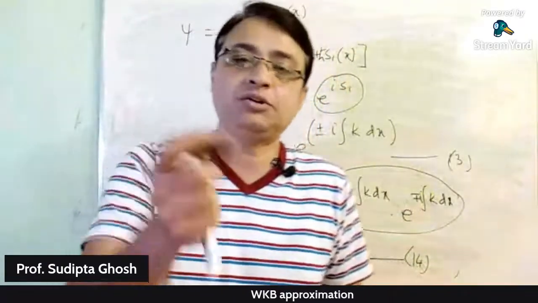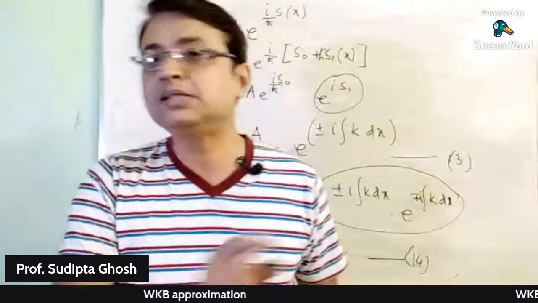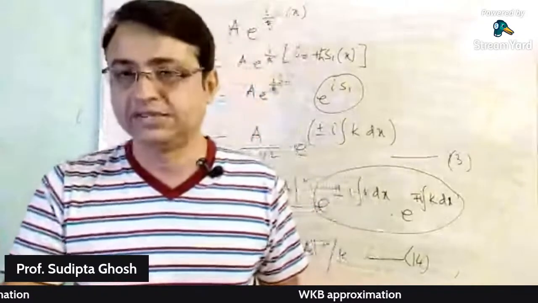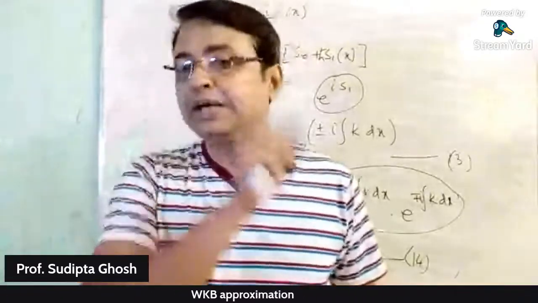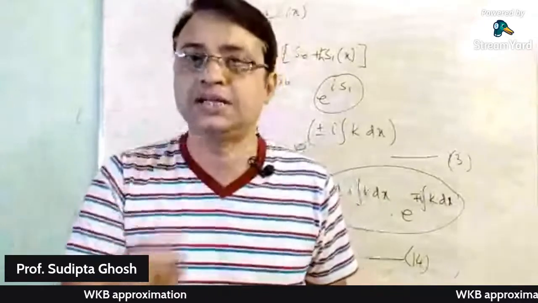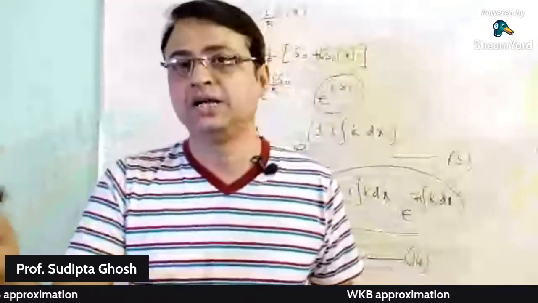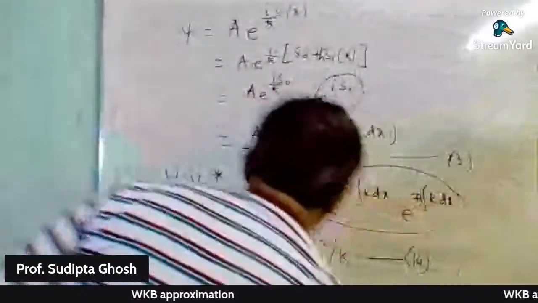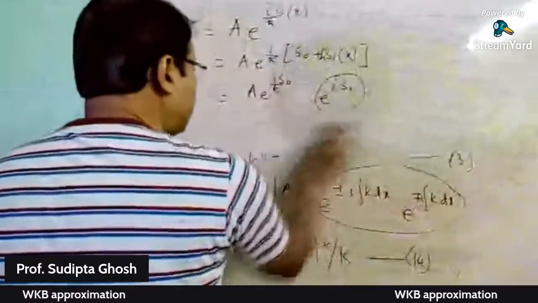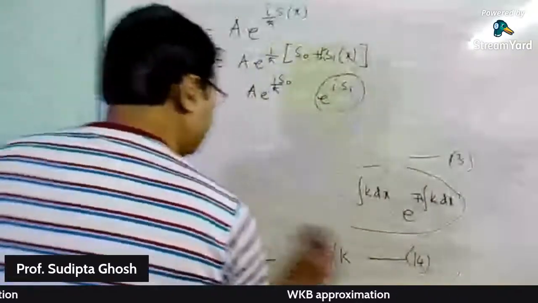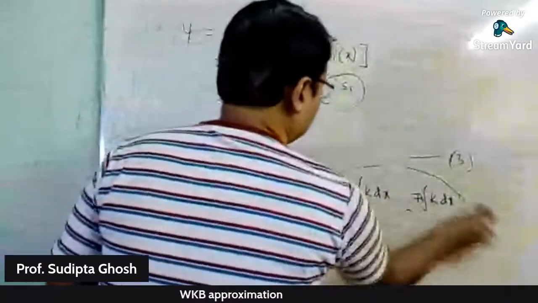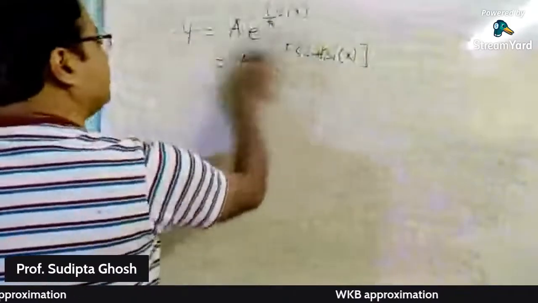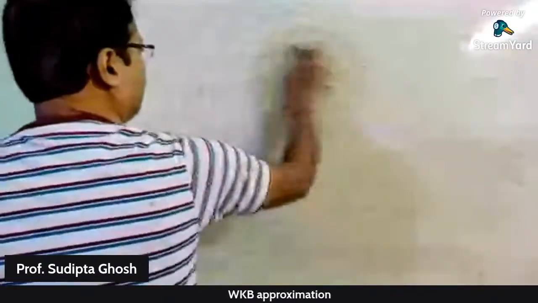Now here comes the twist: what if the energy of the particle is less than the potential of the region? Get my point? So the basic equation, d2 psi dx2 plus k square psi, should be changed, and it becomes d2 psi dx2 minus, in place of k square, let it be gamma square.